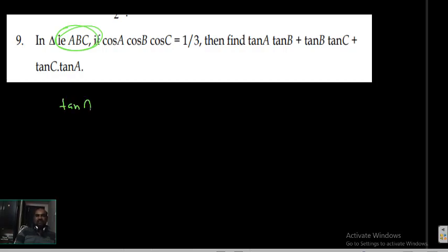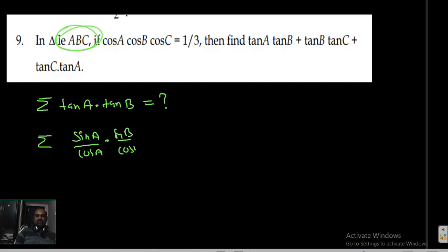Tan A into tan B, just I will write sigma for that. This value we want. Okay, so what can I write? Sigma sin A by cos A into sin B by cos B. I will write total, no problem.